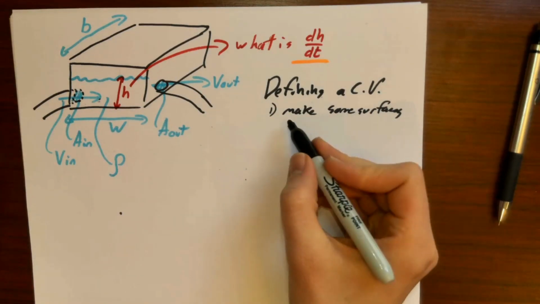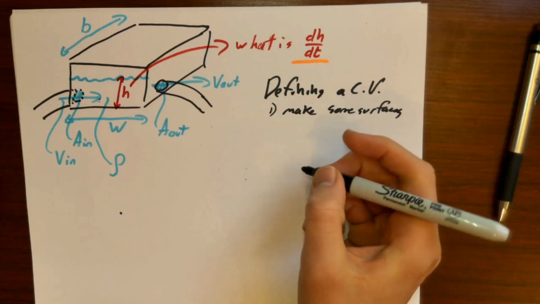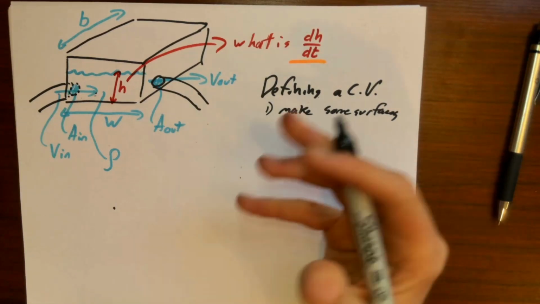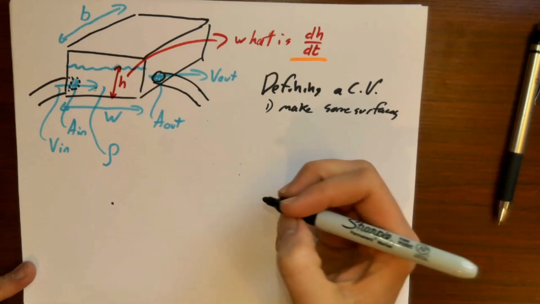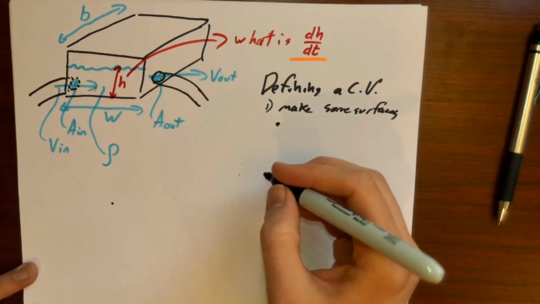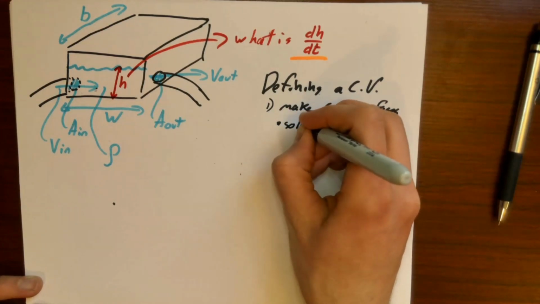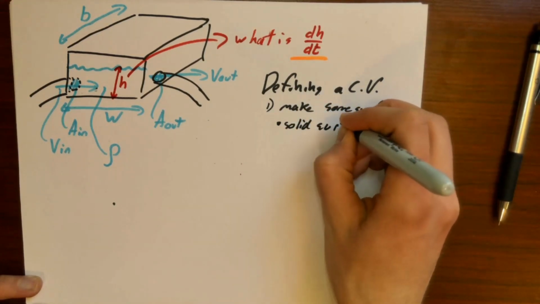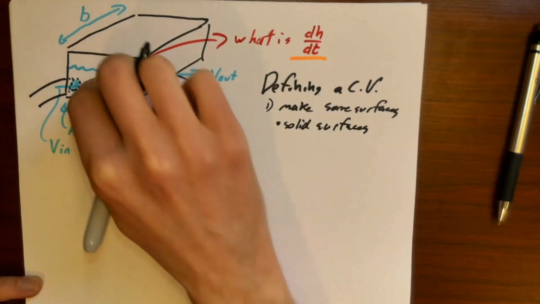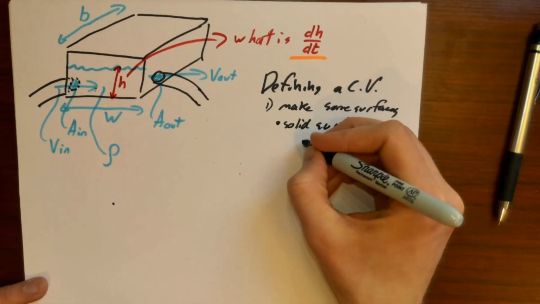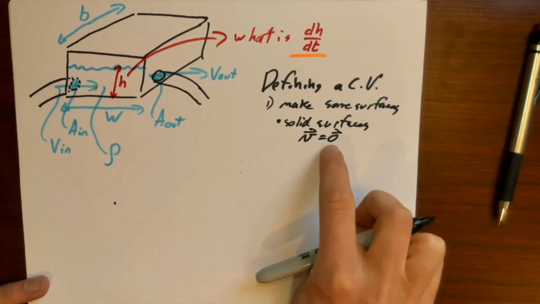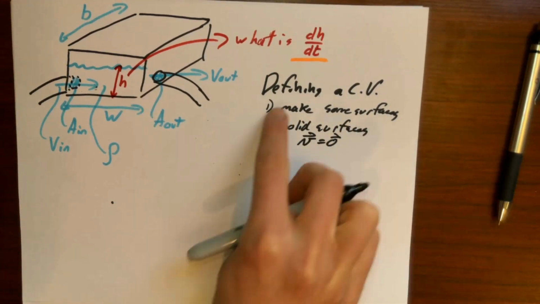So we want to make surfaces relevant and information rich. Examples of surfaces that we have lots of information about are solid surfaces, for example, like the walls of this tank. If we do solid surfaces, then our velocity is 0. We don't have any velocity on a solid surface.